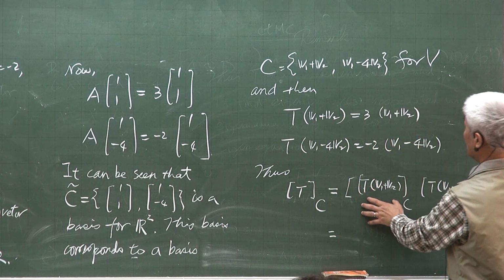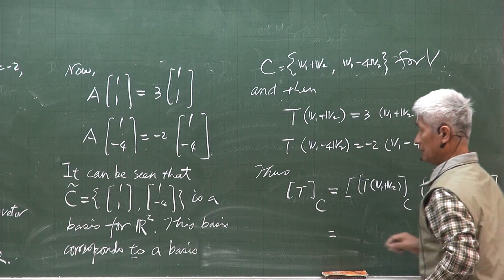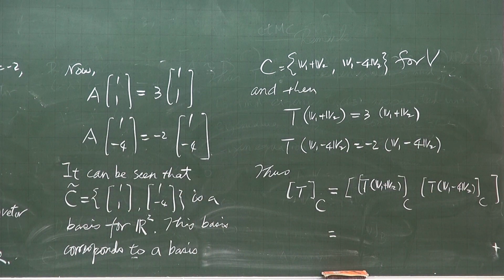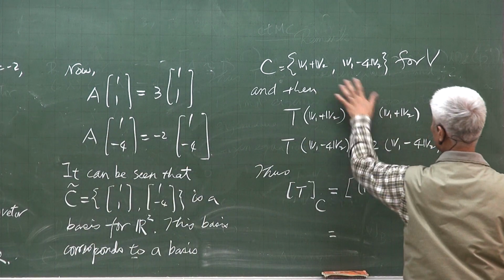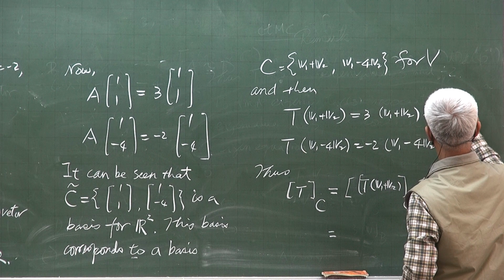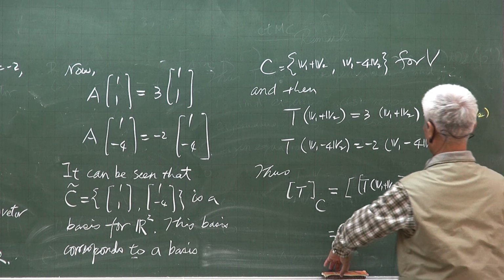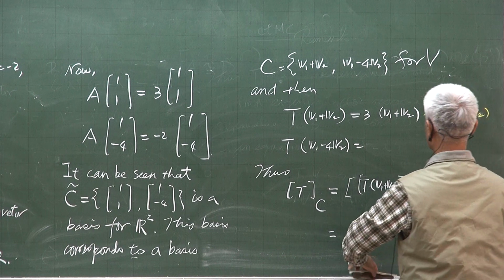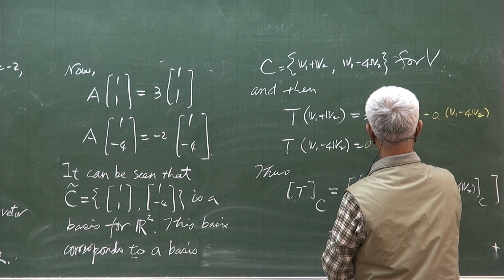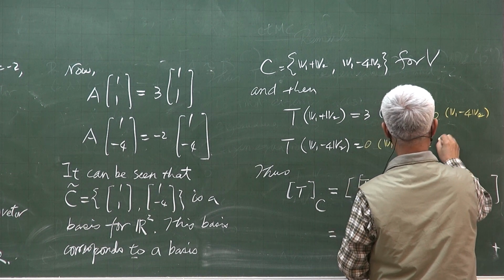Now, because here this is 3 times the first basis vector, we can express the image as a linear combination of this basis vector. So this is 3, 0, and here is 0, minus 2.